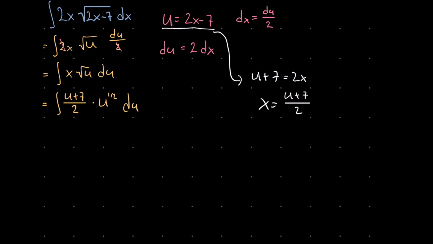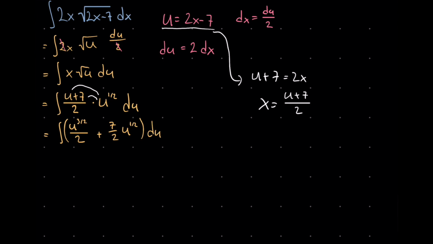Now what we're going to do is simplify this expression. We're going to do u to the power of 1/2 times u, and u to the power of 1/2 times 7. This is going to give us the integral of u to the power of 3 over 2 over 2 plus 7 over 2 times u to the power of 1/2, all with du.